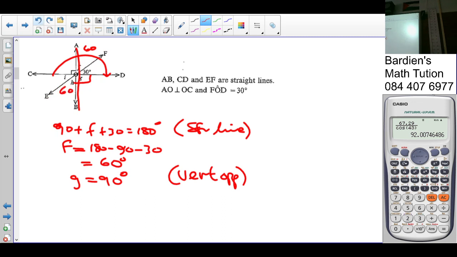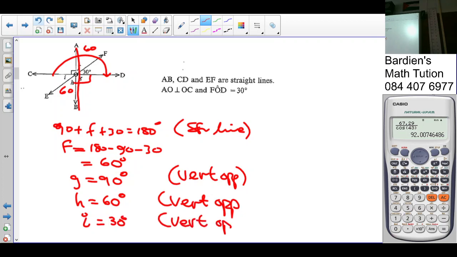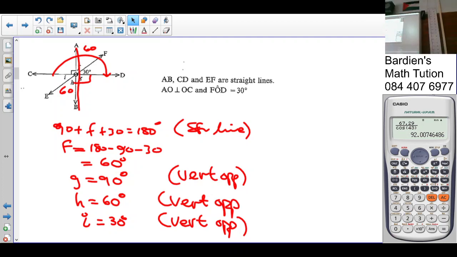So H is going to be 60 degrees. I? Vertically opposite to 30. Any confusion here? No? It's fairly easy now, no? The more you do of geometry, the easier it will become. Okay.